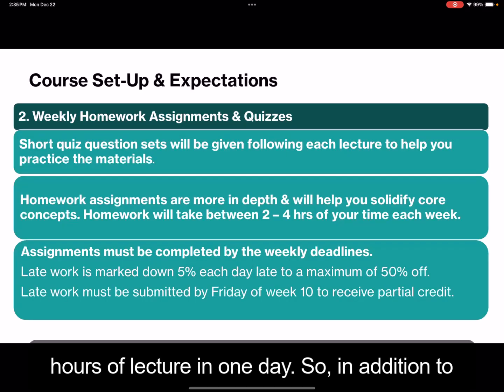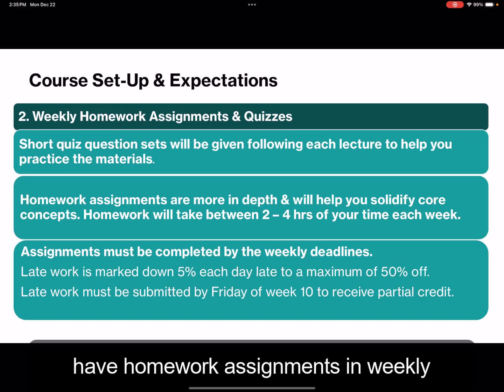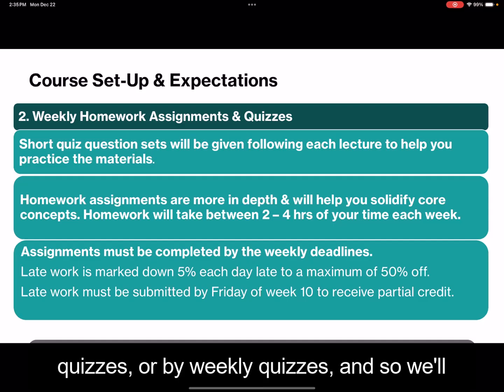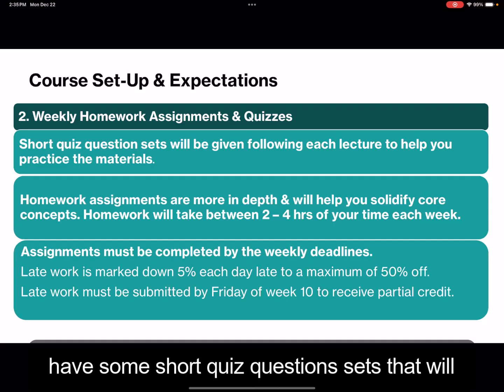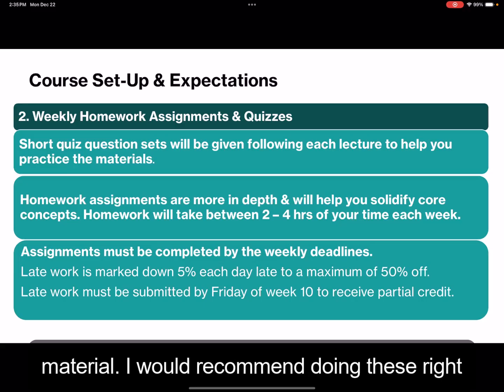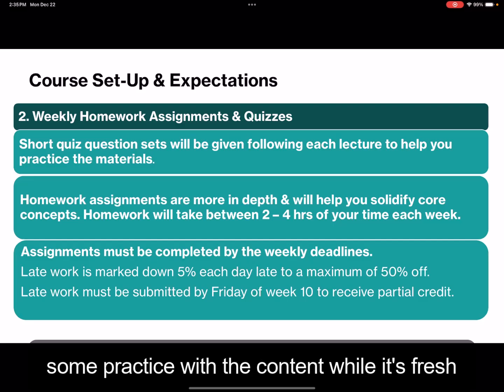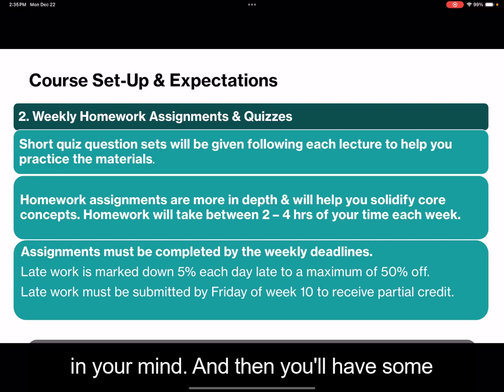So in addition to having your course lectures, you're going to have homework assignments and weekly quizzes or bi-weekly quizzes. And so we'll have some short quiz question sets that will follow each lecture to help you practice the material. I would recommend doing these right after you watch the lecture so that you gain some practice with the content while it's fresh in your mind.